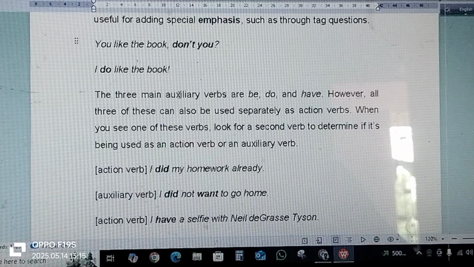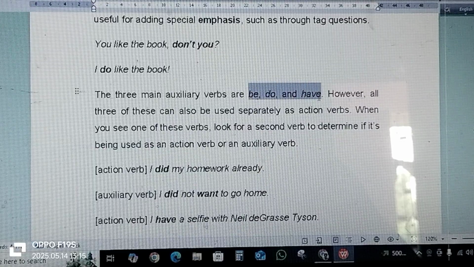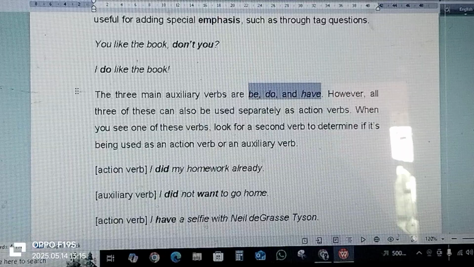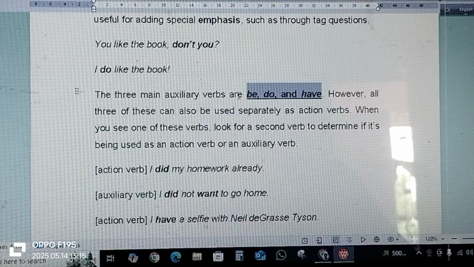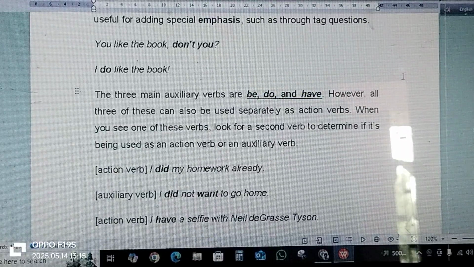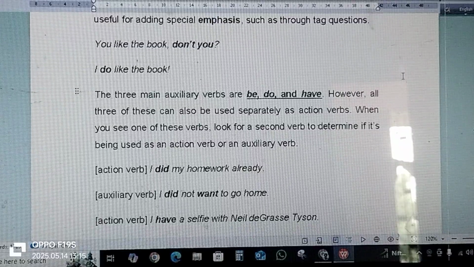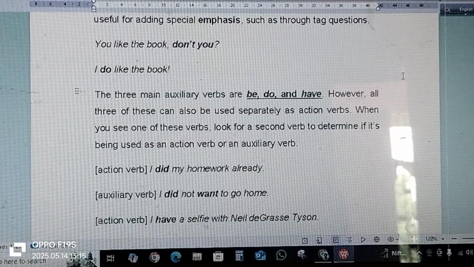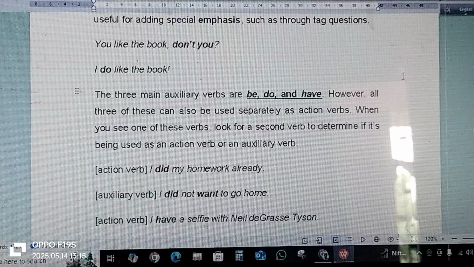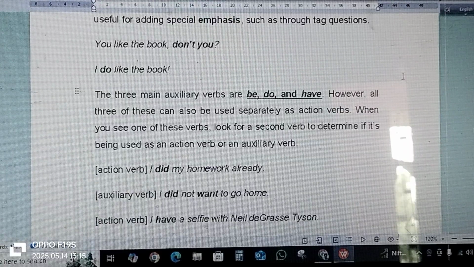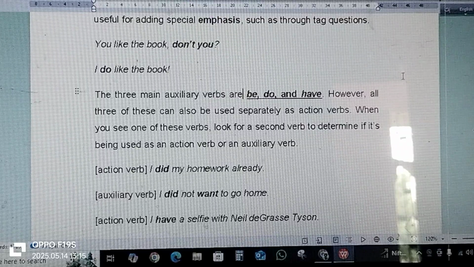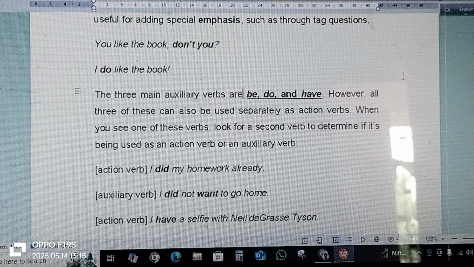The three main auxiliary verbs are be, do, and have. Be can be used in five different forms: am, is, are, was, were. And do is used in three forms: do, does, and did.